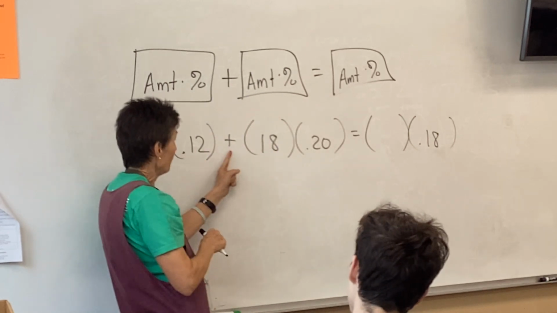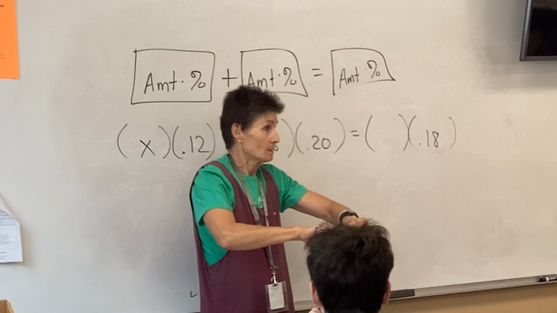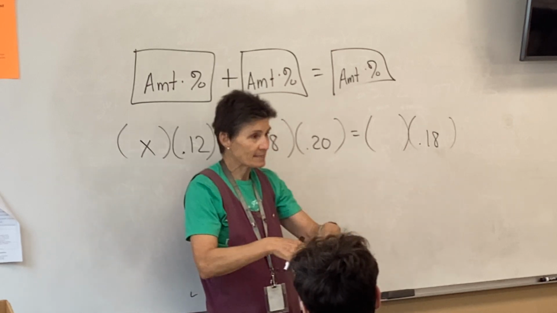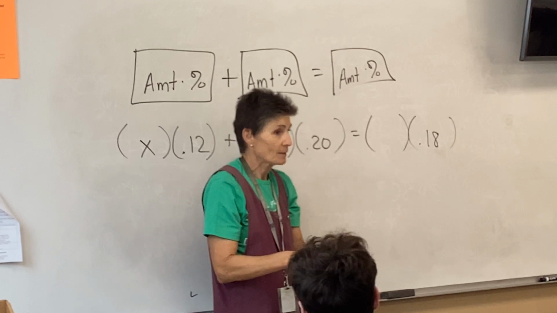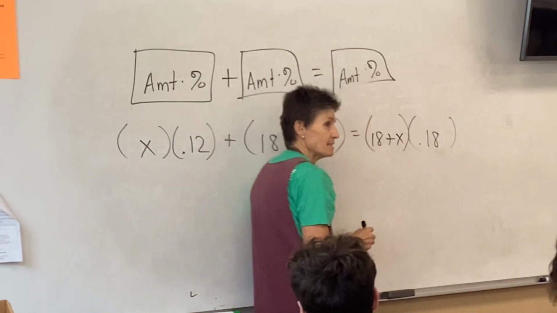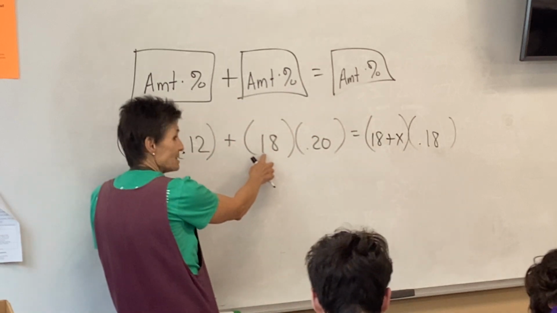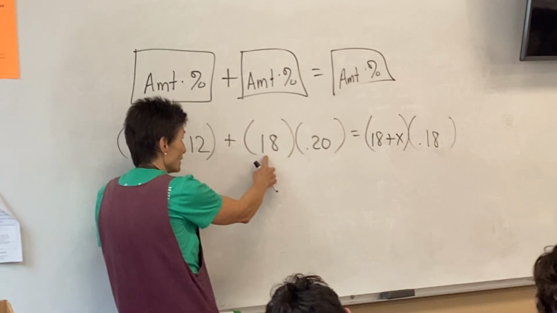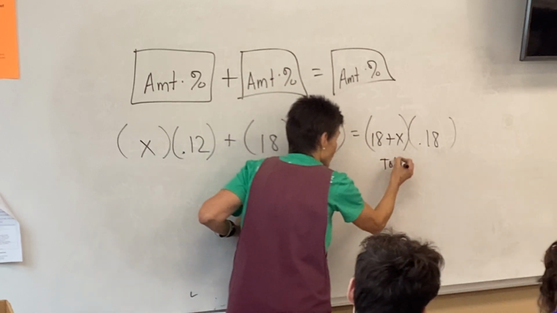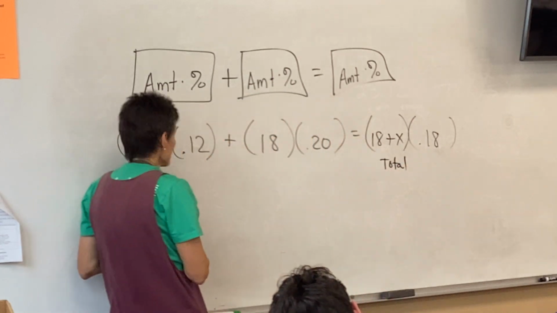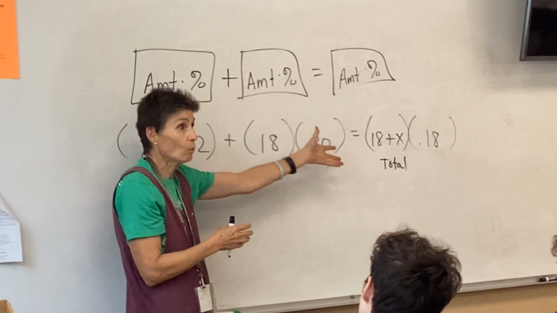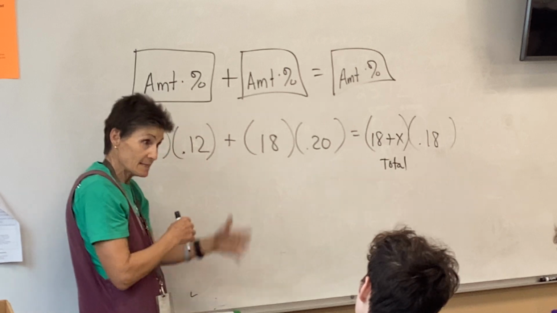X of these plus 18 of these. How much is gonna be in the bucket? If I pour in X and 18, what's in the bucket? X plus 18, that's exactly right, 18 plus X, or X plus 18. Aren't we adding these 2 amounts to get this amount? So this is the total over here. So if I had 6 and 18, that would be 24. So X and 18, got it?